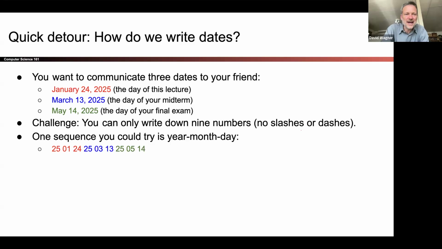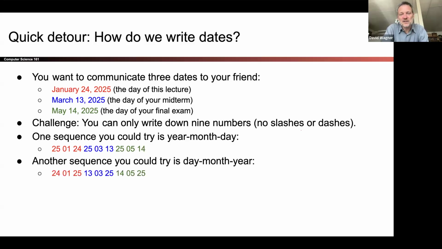Well, one reasonable way you could do that is write down each date as year, month, day. So the year is a number, month is a number, day is a number. That's 3 numbers per date, and then you get 9 numbers in total. That would be a very reasonable way to communicate.